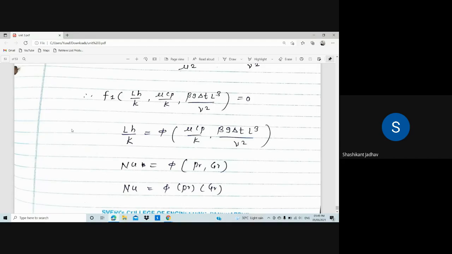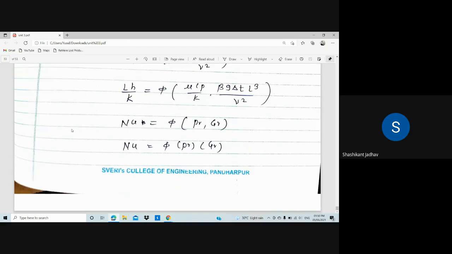If in the exam they ask you to write the dimensional analysis for natural convection, at that time we have to solve this derivation, and the final equation is: Nusselt number is a function of Prandtl number into Grashof number.